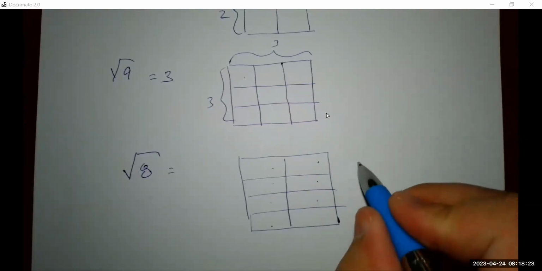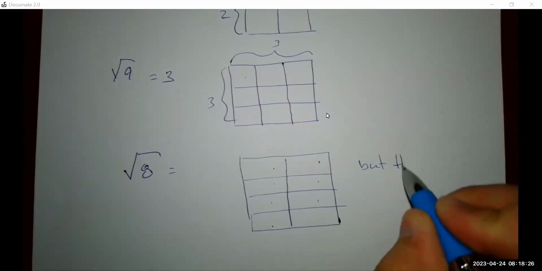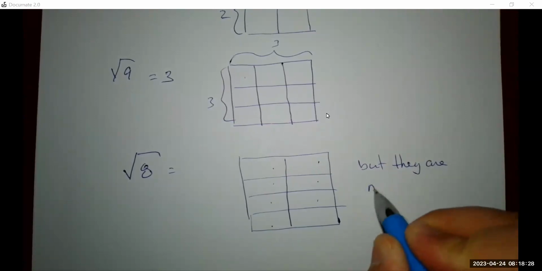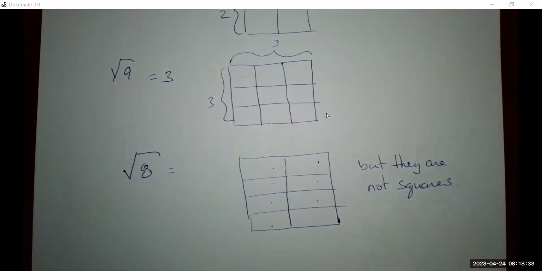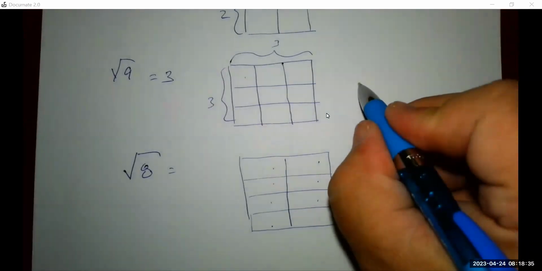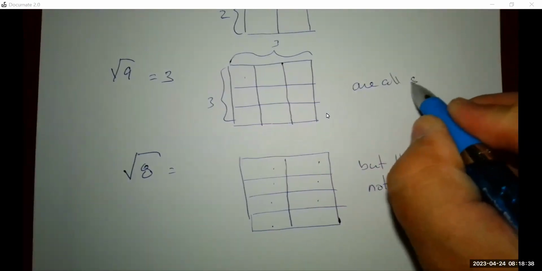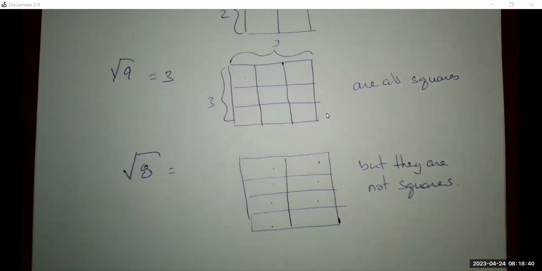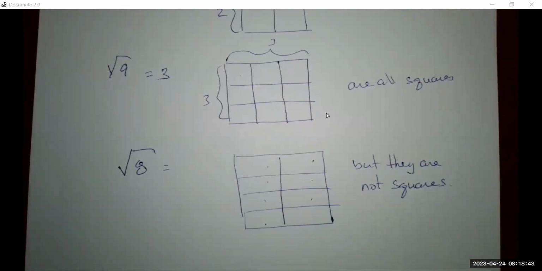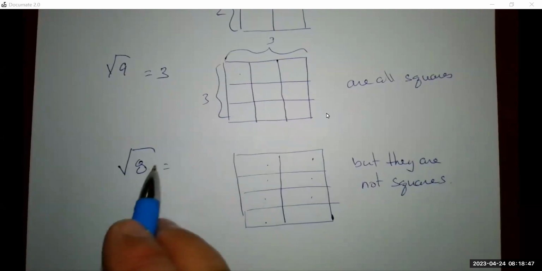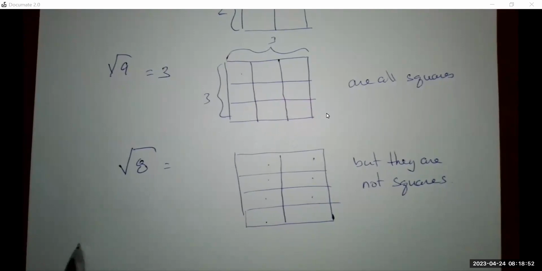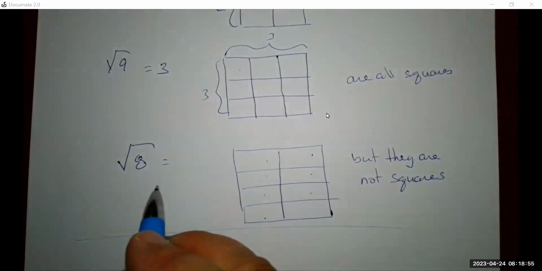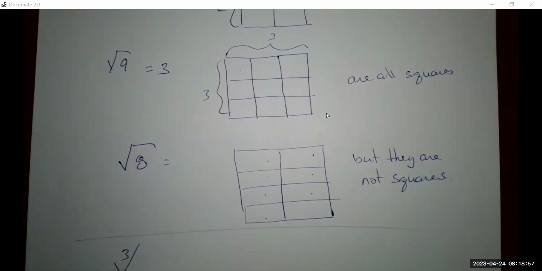Yes, there are 8, but they are not squares. So 8 doesn't have a square root. It has something else, but not a square root. We'd have to figure out, can I look at the cube root of 8?